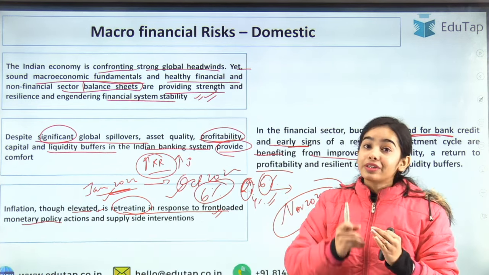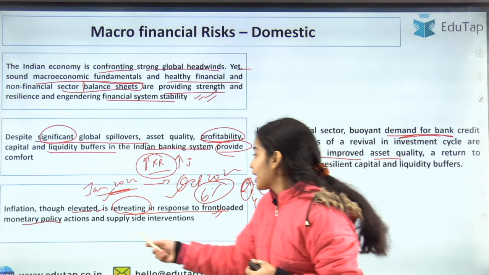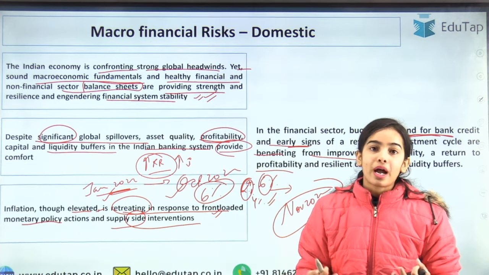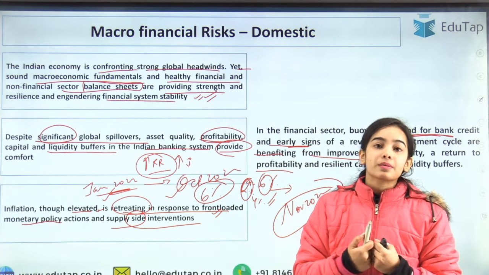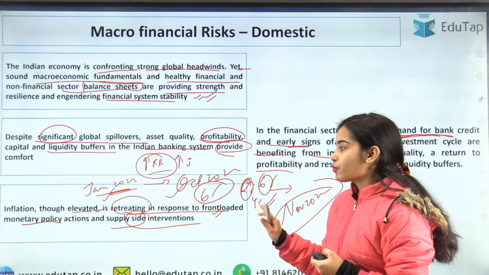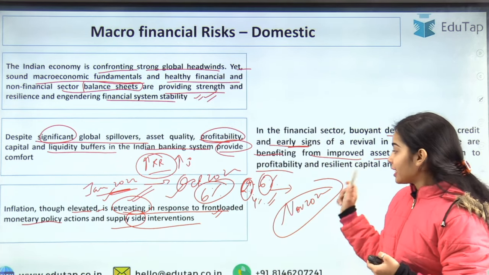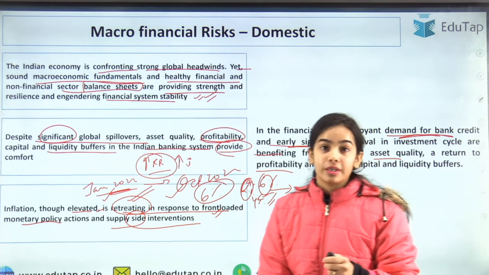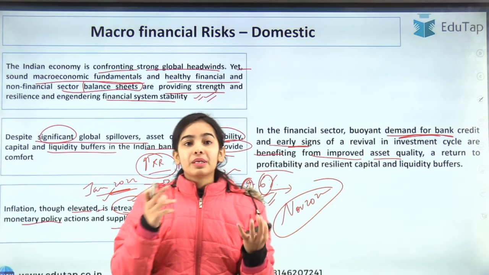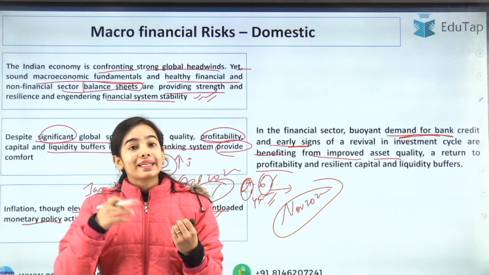But it can still go above again due to the global headwinds, and the RBI has also said so. Supply side interventions also happened, as the government was also taking steps to decrease the inflation. For now, the inflation is retreating. We saw in November 2022 that it came down from 6%, but the trouble is still there.